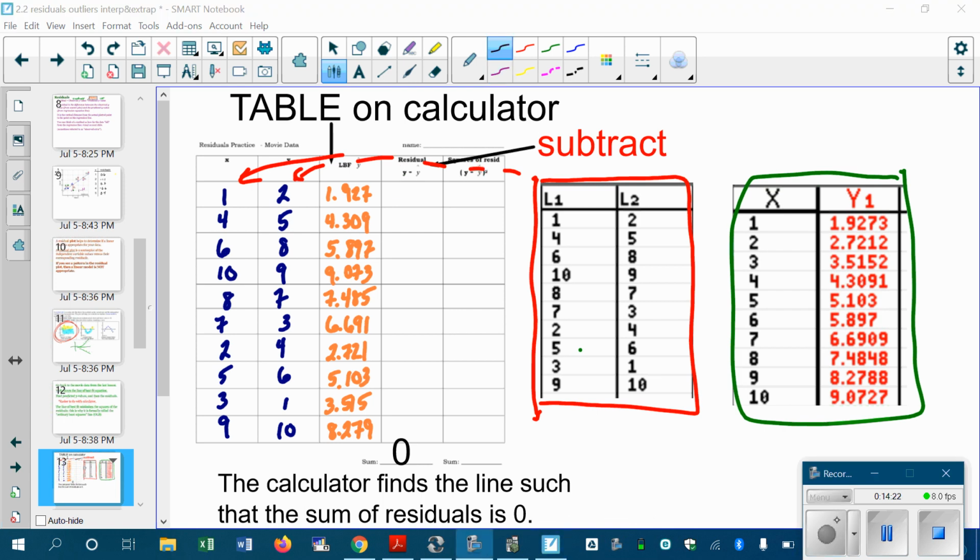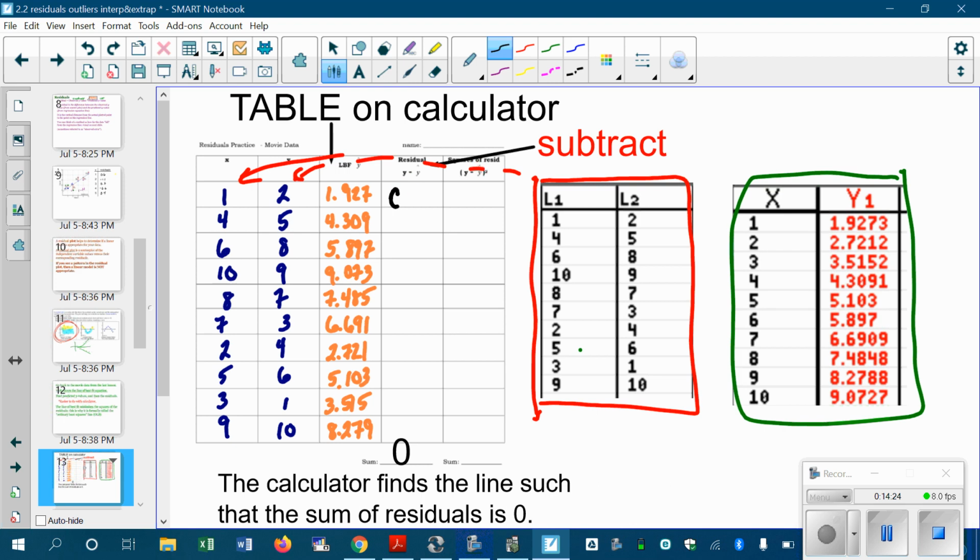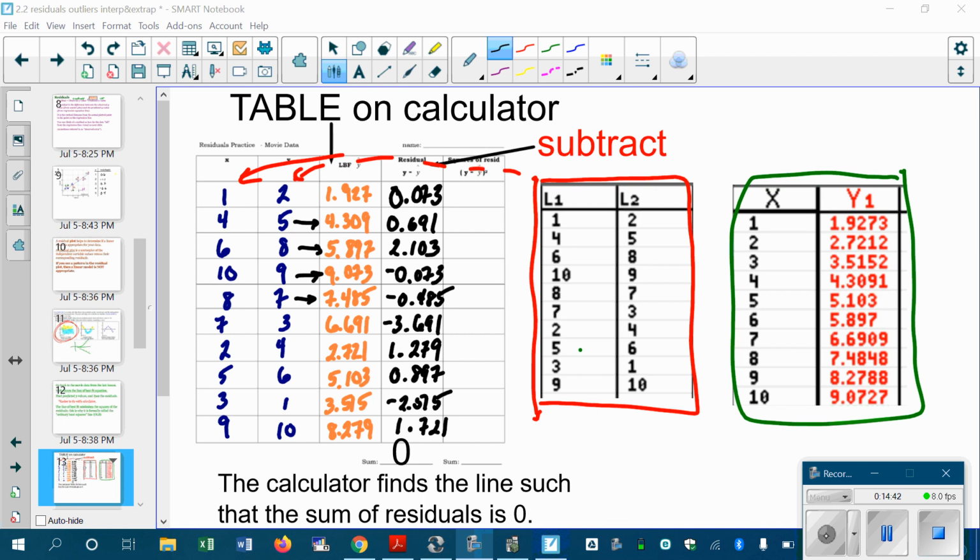In this case, 0.073 would be my residual. I do the same thing here. I'm subtracting 5 minus 4.309, 8 minus that, 9 minus that, 7 minus that, etc., all the way down. So through a little movie magic, you do all those subtractions.